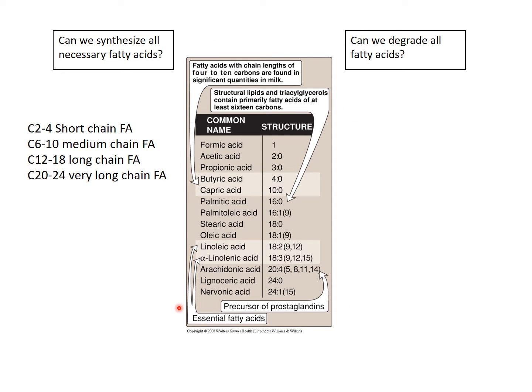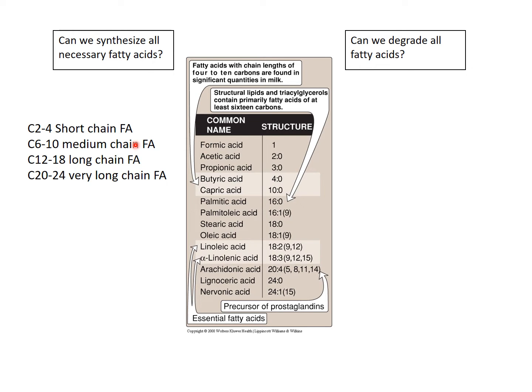This is to show you that we have short chain, medium chain, long chain, and very long chain fatty acids. These are the carbon numbers going with that. Why do I emphasize this? Do you remember that when we talked about beta oxidation of the fatty acids, we emphasized that medium and short chain fatty acids do not need carnitine to go to the mitochondria for beta oxidation.